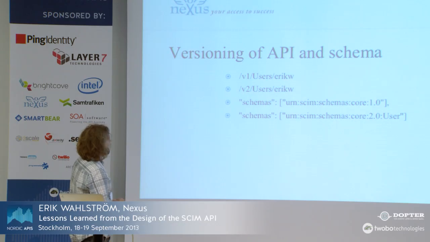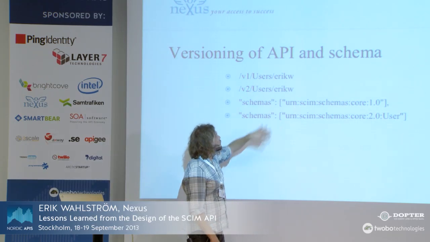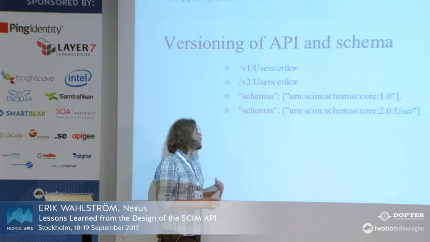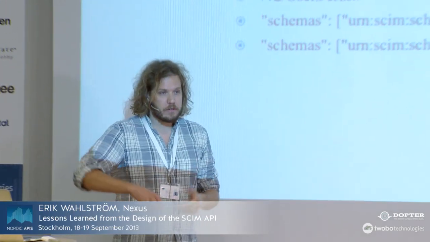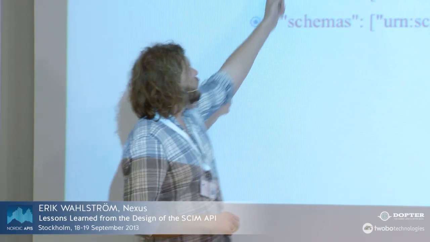And so we had a lot of discussions of whether we are going to send the version of the API in a header, or are we going to have it in a URL? And we opted for the URL one. That's because we wanted to have this permalink, so you can always find a user here.